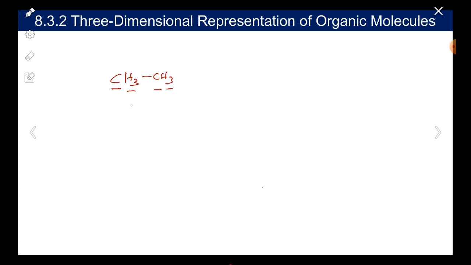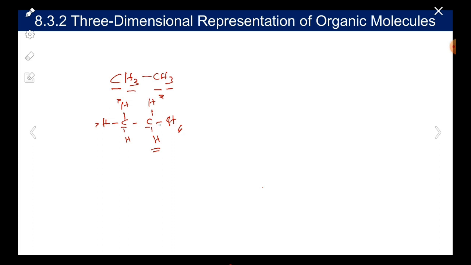But in reality, they don't exist like this. Even when you write the complete structure for ethane, these atoms do not fall in the same plane. There are several reasons, starting from steric hindrance to other reasons like lone pairs, bond angles, and bond lengths, they all are important.